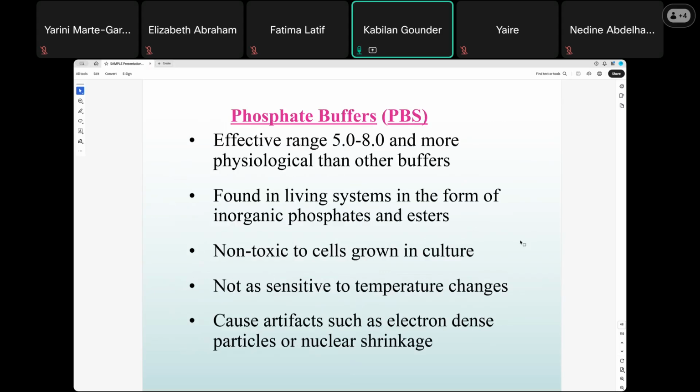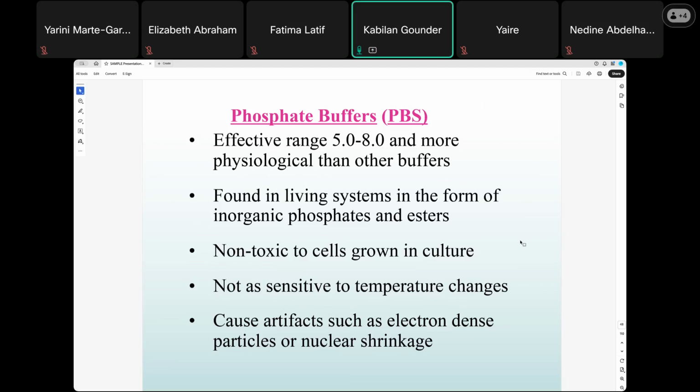Another important buffer is phosphate buffered saline, whose effective range is 5 to 8. That is a wide range and more physiological than the other buffers. This buffering system we find in living systems in the form of inorganic phosphates and esters. So the phosphate buffer, PBS, is non-toxic to cells when you grow them in culture, in in vitro studies.